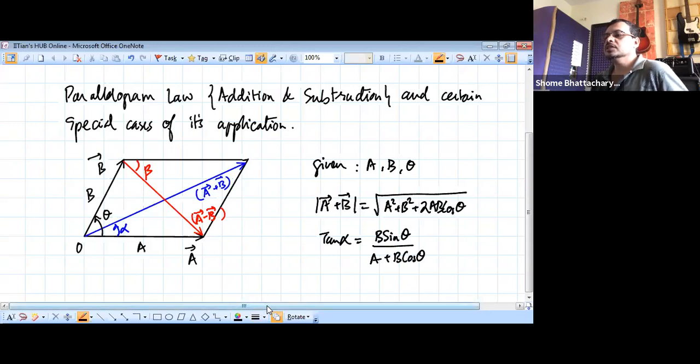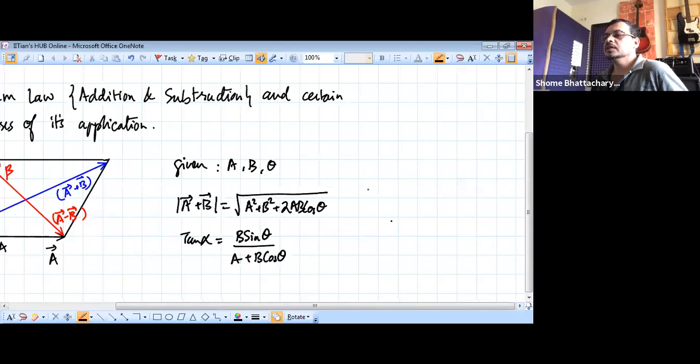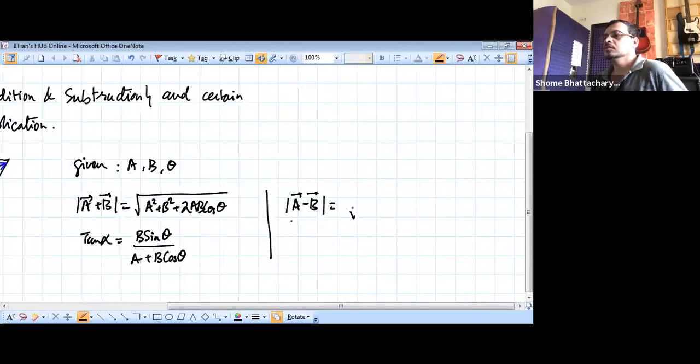And alongside this, A minus B becomes root of A square plus B square minus 2AB cos theta, and tan beta becomes B sin theta upon A minus B cos theta.